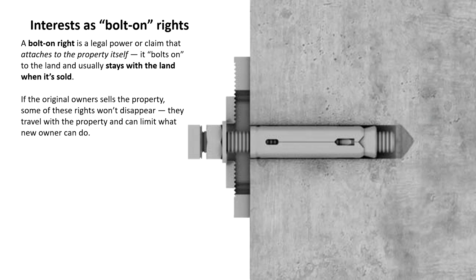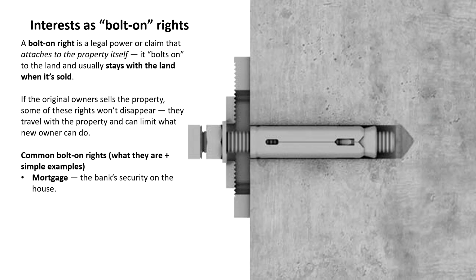This can bind any future purchasers, if things are done properly, even though they're not part of the original agreement. That's because those interests are bolt-on, and they won't disappear when the property is sold, but travel with the property and limit what the new owner can do.